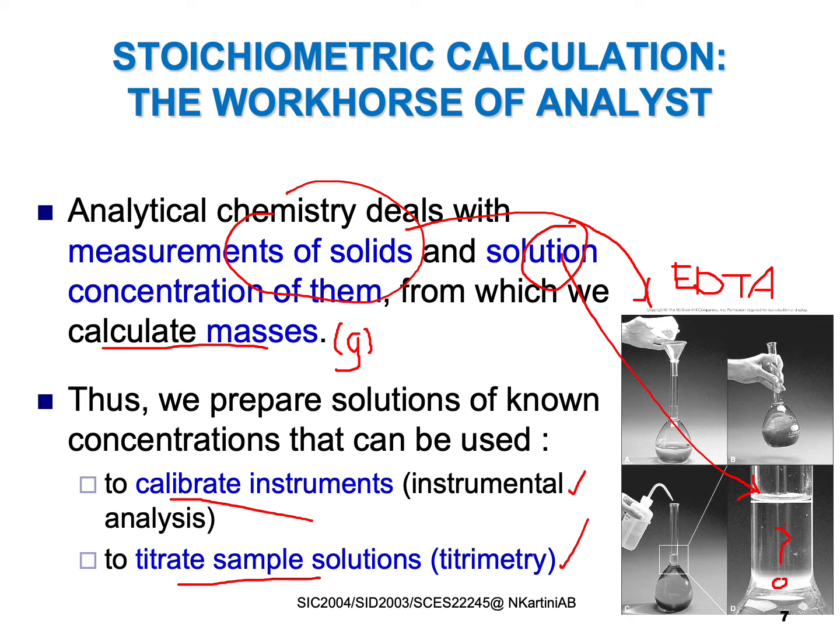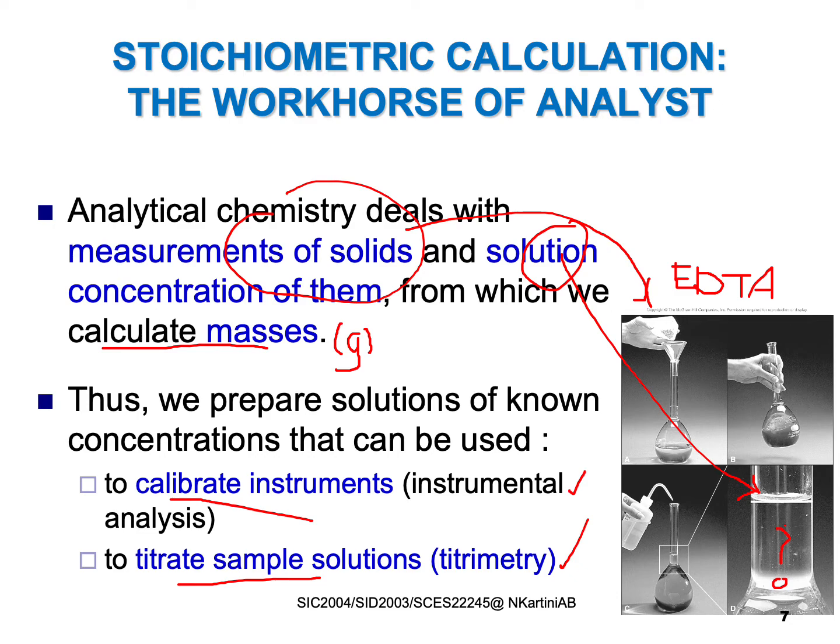If you use instrumental analysis, then you need to calibrate the instrument by plotting a calibration curve. If you use a conventional titrimetric technique, then normally we have to prepare a standard solution, and then we use it as a titrant, for example. So this is what this statement means. I hope you can understand this.